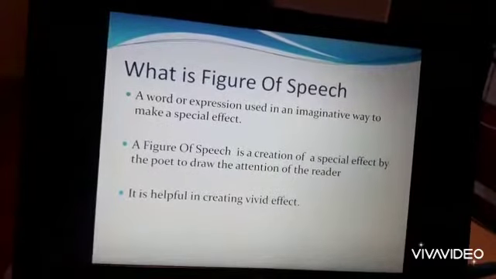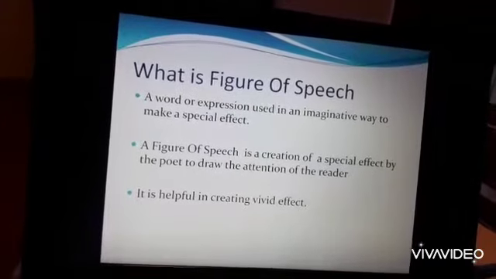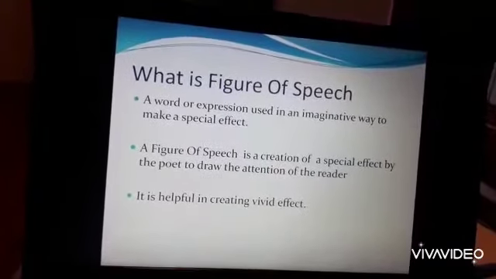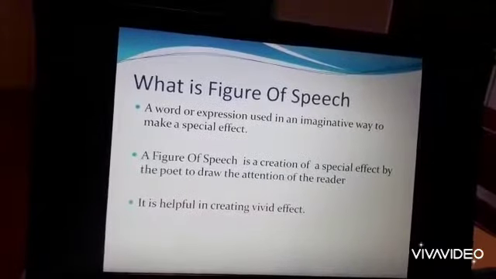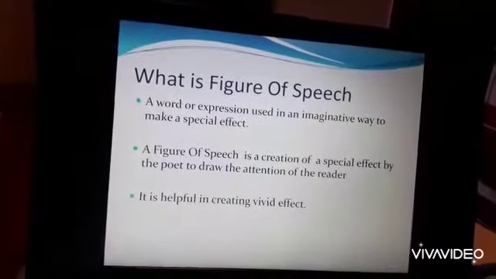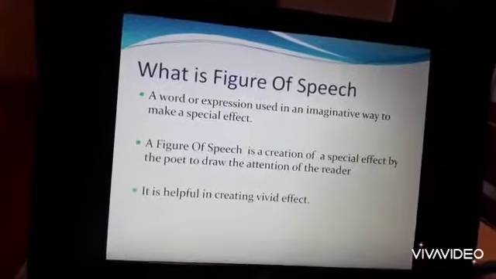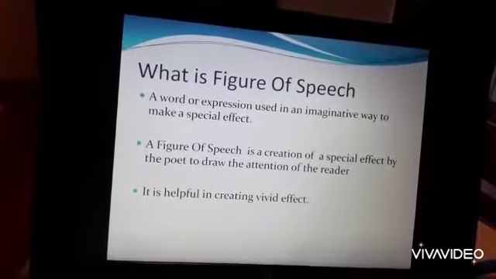It is also helpful in creating a vivid effect. So on the whole, the figure of speech is used by the poet to draw the attention of the reader.